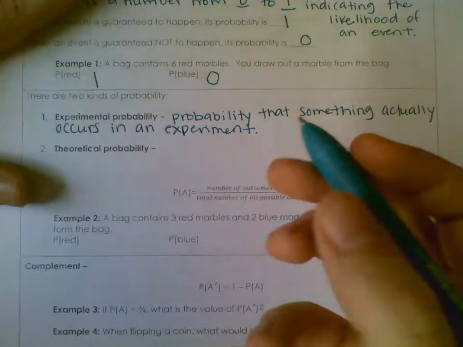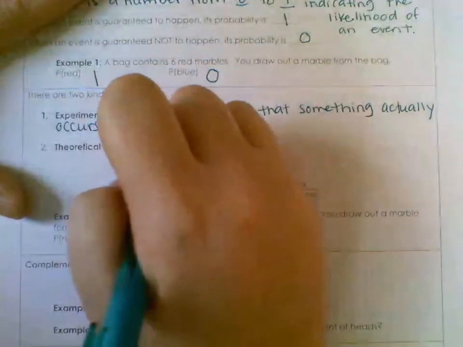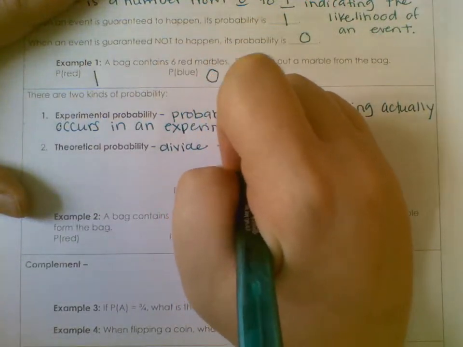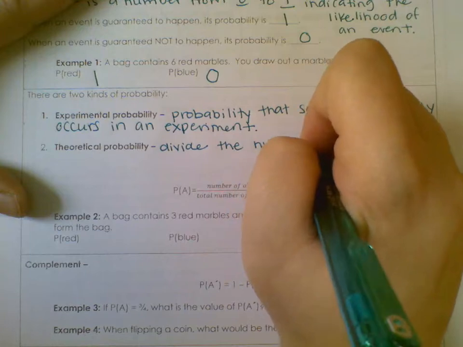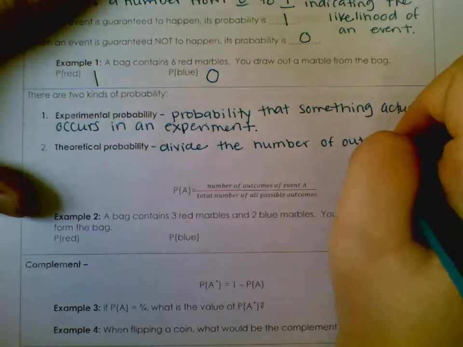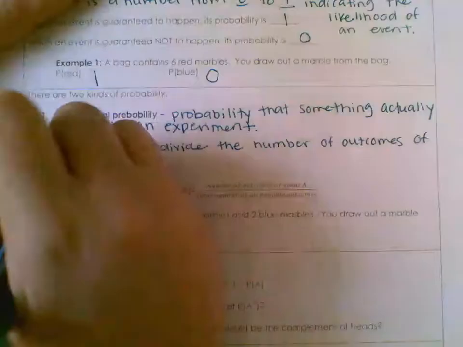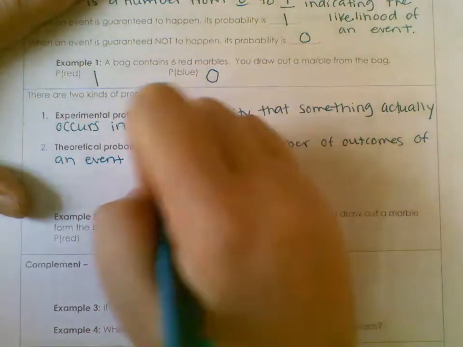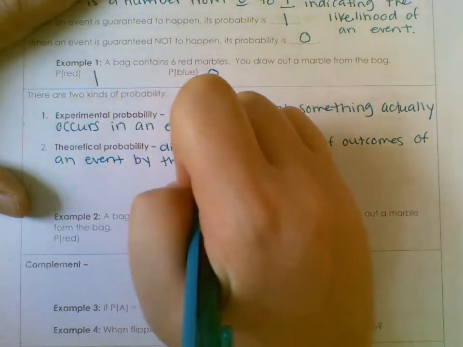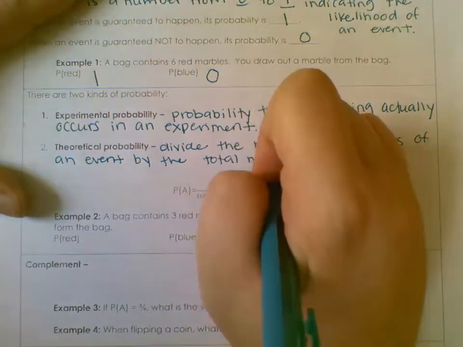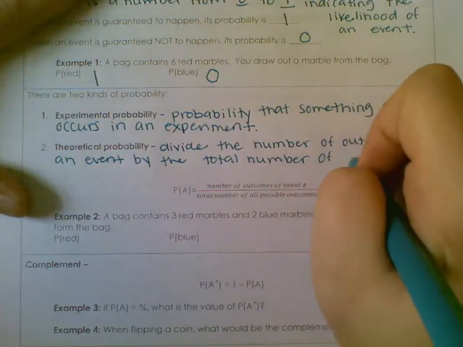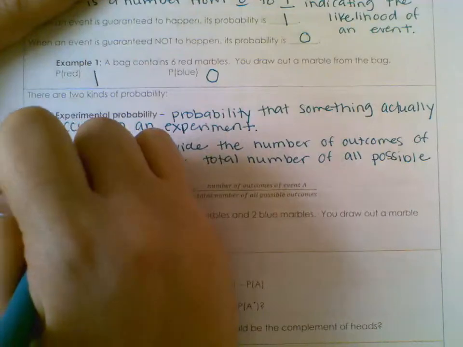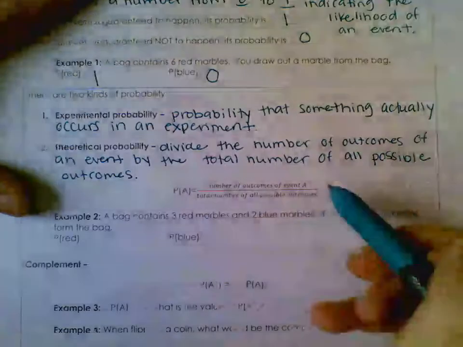So theoretical probability is when you actually do the math. When you divide the number of outcomes of an event by the total number of all possible outcomes. And the formula for that is listed here.